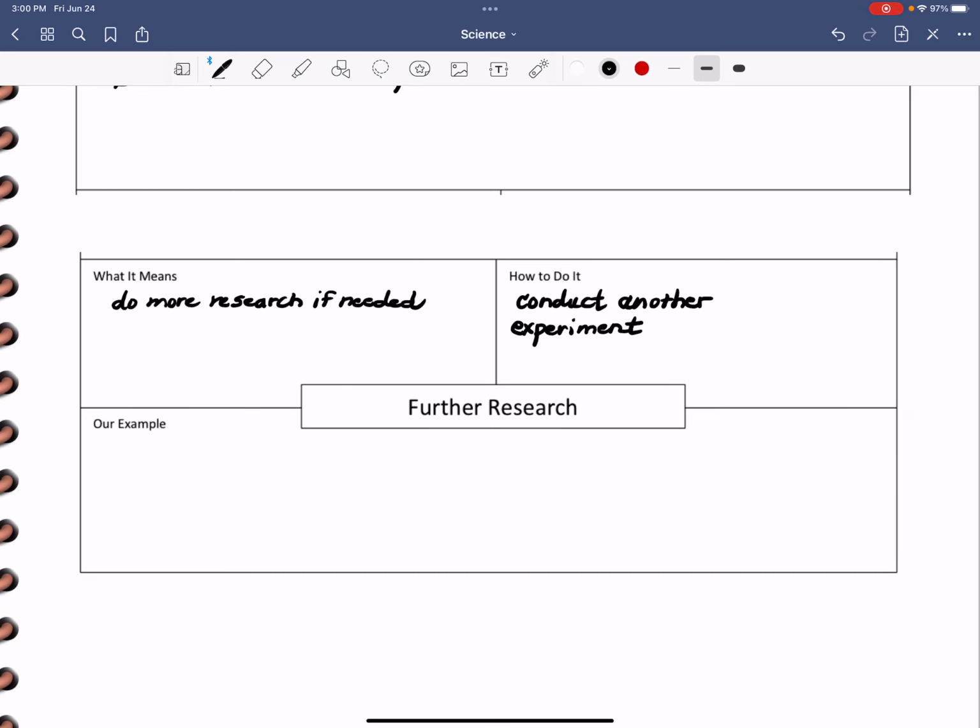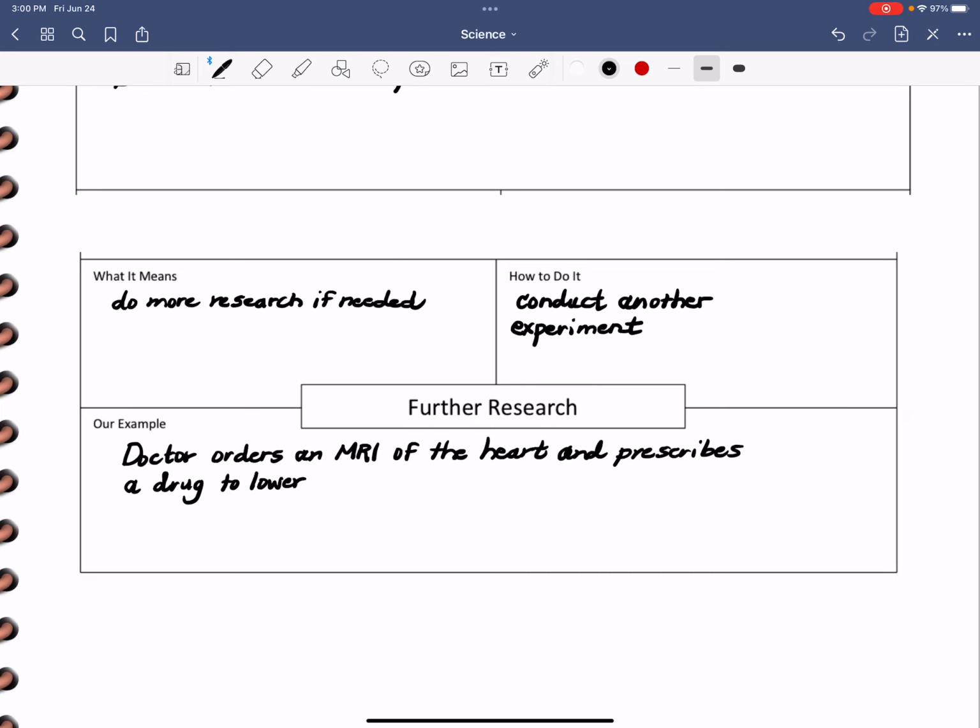So in our example, let's say that the doctor orders an MRI of Sam's heart and prescribes a drug to lower Sam's blood pressure.